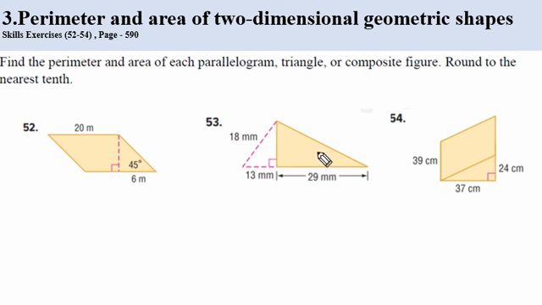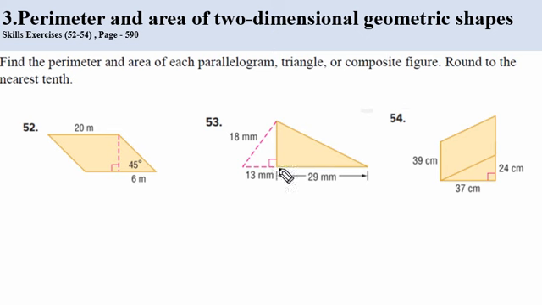In this question, I have to find the perimeter of, first, do I need to find the perimeter or area of each parallelogram, triangle, or composite figure? Okay, so in this one, I have to find the perimeter of this triangle, this one.